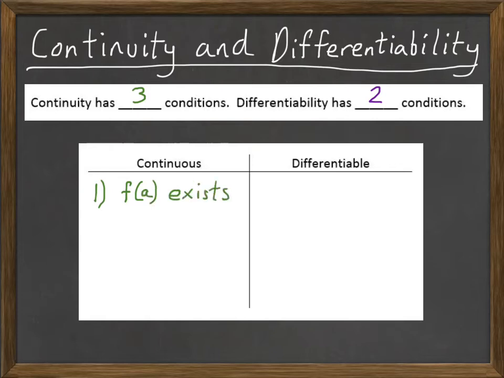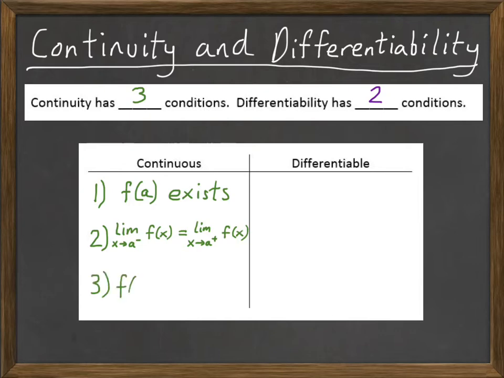The first condition is that the function value at a exists. A is just the value of x that we're interested in analyzing the function. So the function value must be defined at x equals a. The second condition is that the limit as x approaches a from the left on the function is equal to the limit as x approaches a on the right of that function.